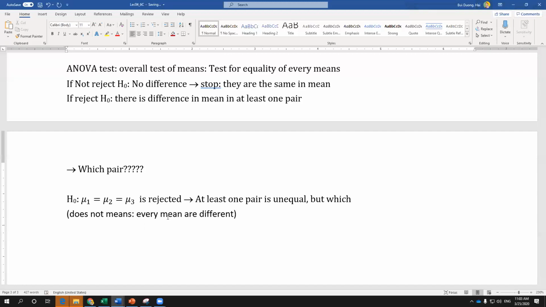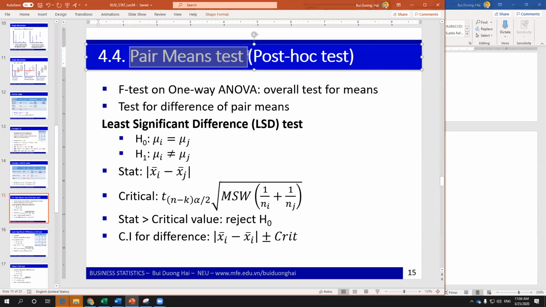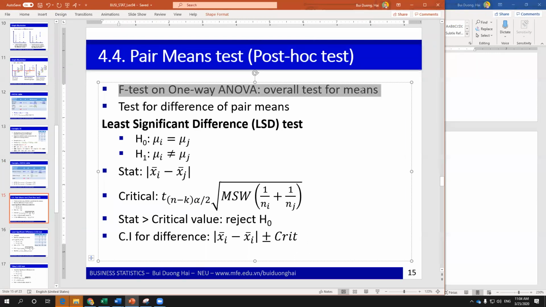The next is called the pairwise mean test. This is called post hoc because it is done after ANOVA. The F test for ANOVA is the overall test for means, but now we test the difference for each pair. The least significant difference LSD test is the test H0: mu i equal mu j, H1: mu i different from mu j.